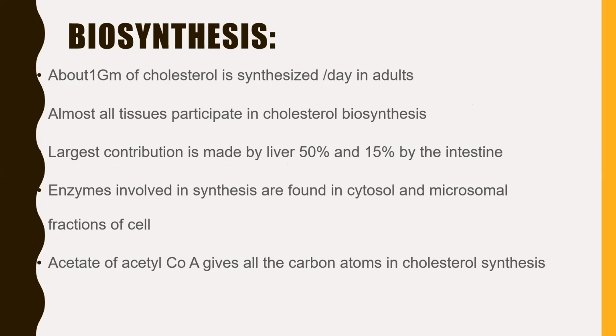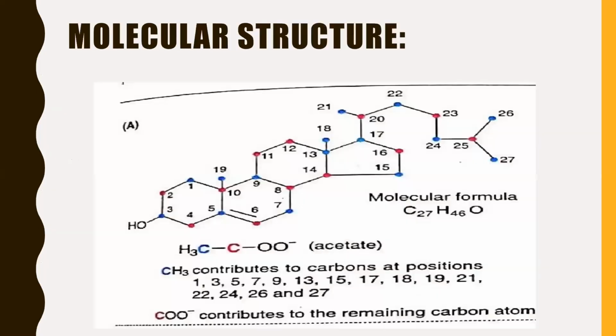Acetate of acetyl coenzyme A gives all the carbon atoms in cholesterol biosynthesis. This is the molecular structure of cholesterol, that is C27H46O. It contains 27 carbon atoms, 46 hydrogen atoms, and 1 oxygen. Acetate molecule, that is CH3COO.